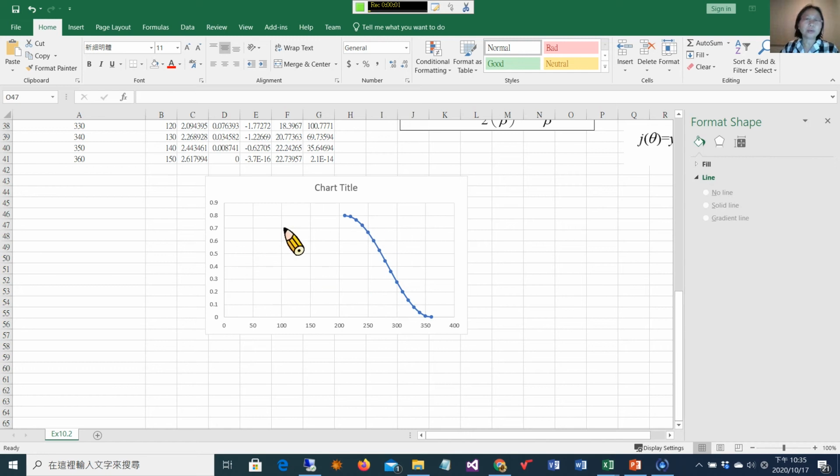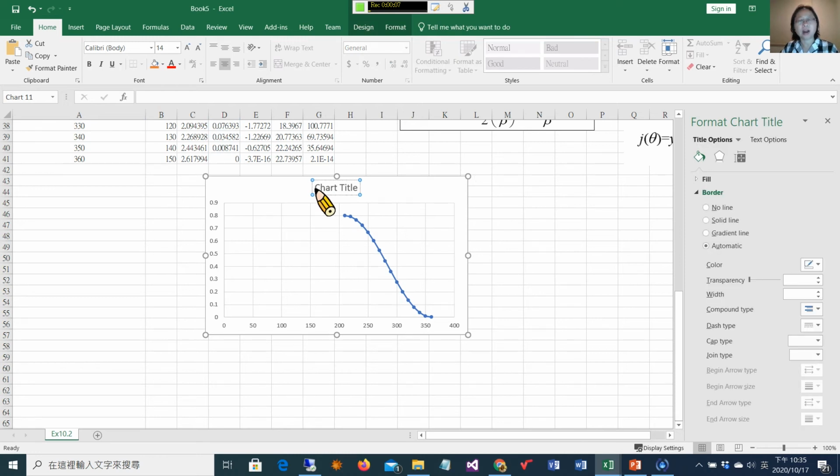I want to modify the format of this diagram. Here, I put harmonic motion to tell what it is.